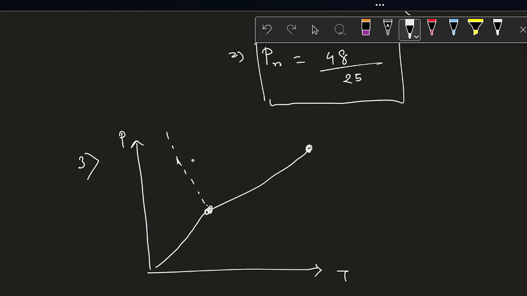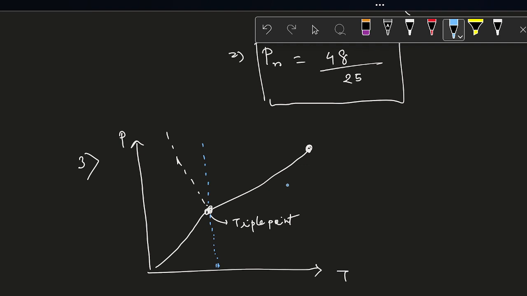So this is basically your phase diagram, where this is your triple point. You can mark it. Phase diagrams are always in terms of P versus T, pressure versus temperature. You already know from the question that the answer you are supposed to give is the relation between the pressure and temperature, right?